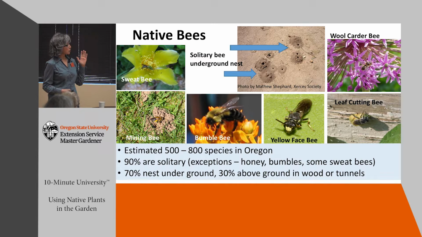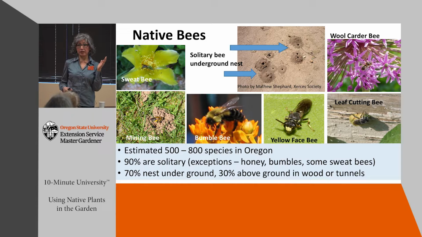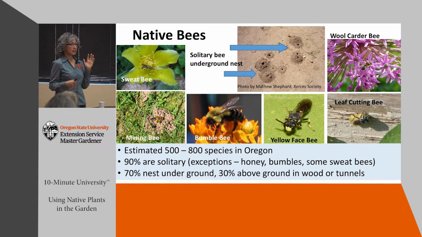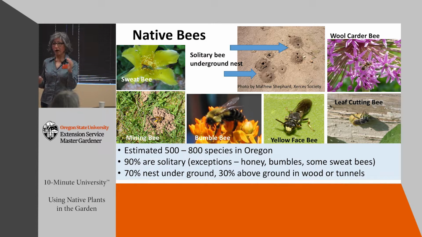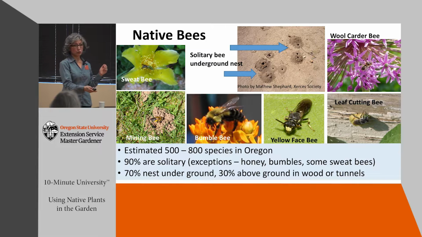And 90% of the Oregon bees are solitary. They live alone. They dig a tunnel and reproduce their young, and that's how they live. Of these bees, more than two-thirds live underground. That's why we don't know a whole lot about them. And less than one-third are above ground in tunnels and crevices in wood.